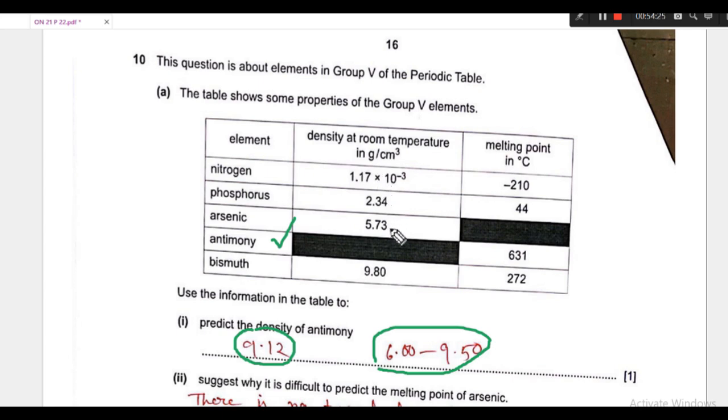These are increasing, so what is the difference? 5.73 minus 2.34, the difference is 3.39.